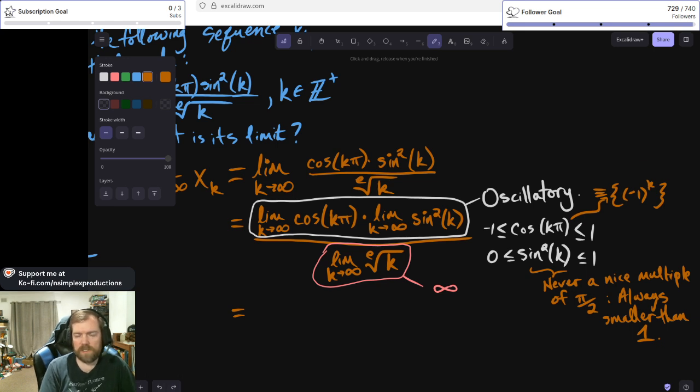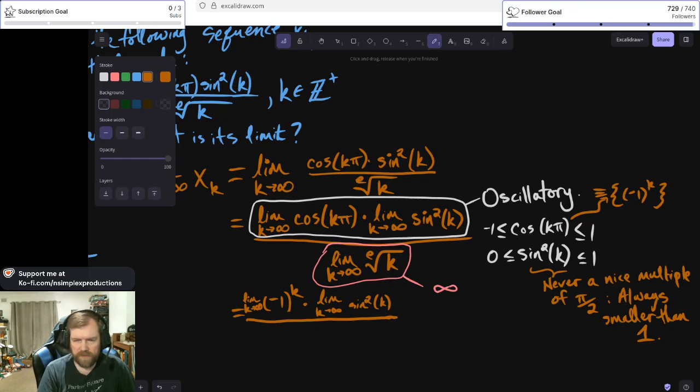So then we look at this, and this is going to be -1 raised to the k times this sine squared thing, which is going to end up being, still need the limit. As k goes to infinity, our sine squared of k is again just between 0 and 1. And then the bottom stuff is going to infinity.